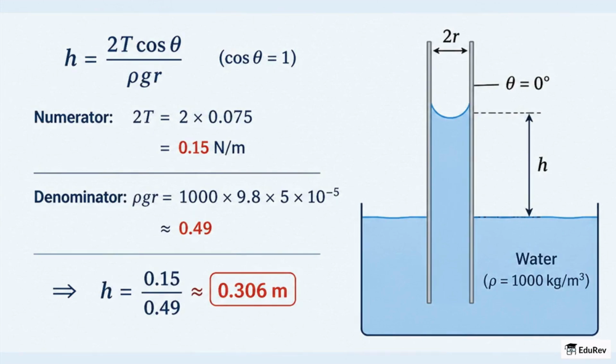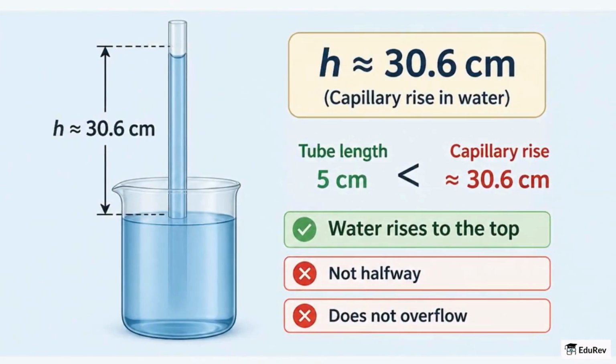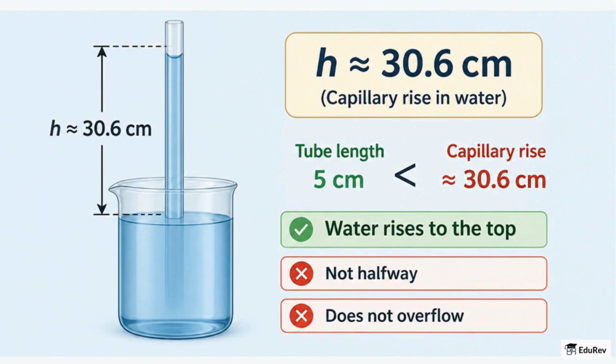The denominator rho g r is 1000 times 9.8 times 5 times 10 to the minus 5, which equals about 0.49. So h equals 0.15 divided by 0.49 equals about 0.306 meters. This is about 30.6 centimeters, which is much larger than the tube length 5 centimeters.